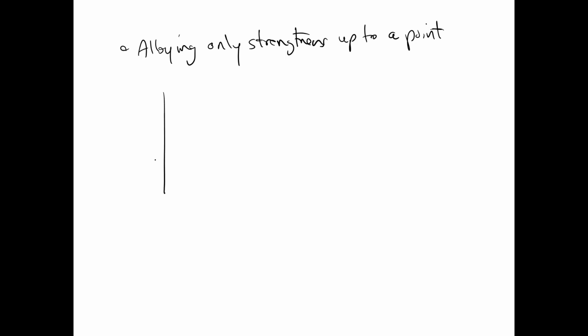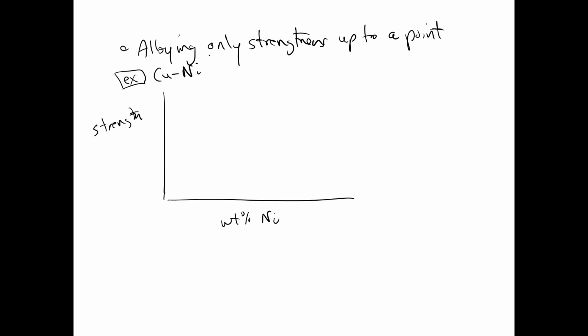So if you plot the strength of a copper alloy as you add more and more weight percent of nickel, let's look at a copper nickel alloy as an example. So here's the hardness, or strength, of pure copper, and as I add more, it peaks around 60% nickel, and then it kind of goes back down.